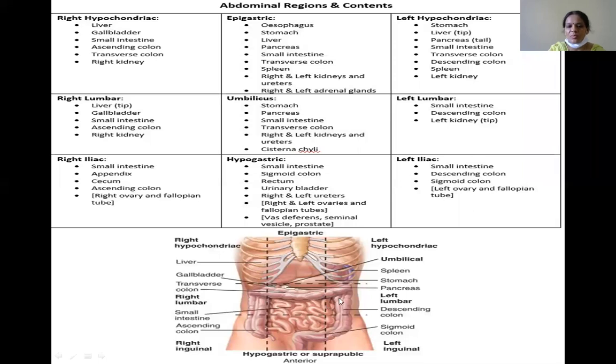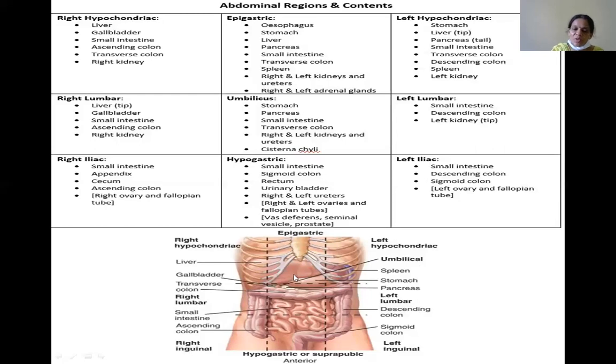If the patient complains of pain in the left lumbar or right lumbar regions, you should suspect renal problems, related to the kidney. When the patient complains of pain in the left hypochondriac region, you should think of splenic problems, problems related to the spleen.